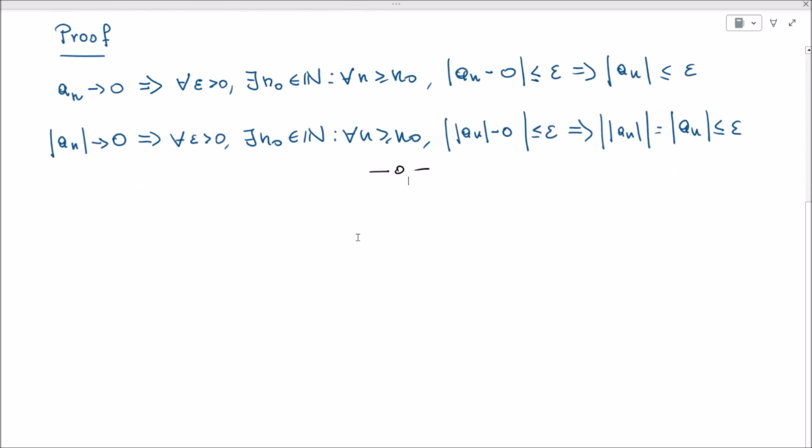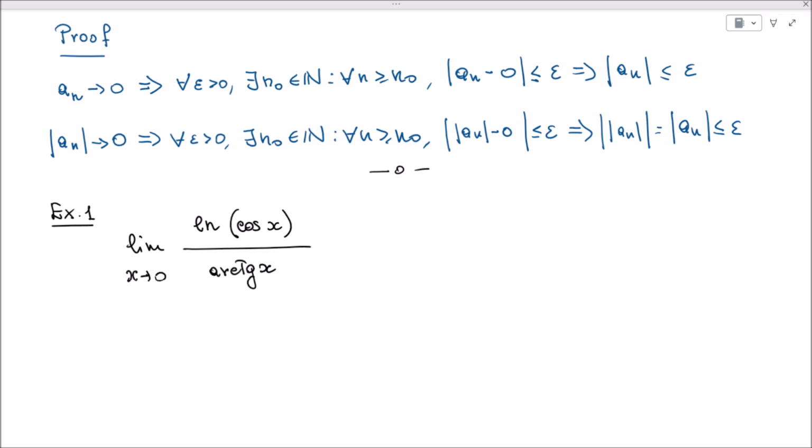Right, so let's see how to apply this technique. And let's consider example 1, where we have the limit as x goes to 0 of this fraction. We have a logarithm of the cosine of x divided by the arc tangent of x times the cosine of 1 over x to the cube.